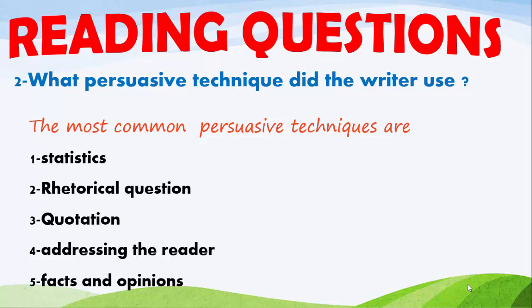And the writer may use a rhetorical question to support his claims, and he may use a quotation. And the writer may address the reader to persuade. It's a way to convince him with his claims. And the writer may use facts and opinions to persuade the reader with his point of view.